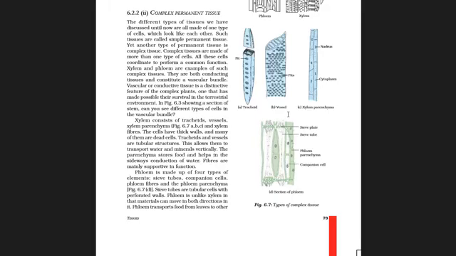As I told you, these are the two main complex tissues we are going to discuss, xylem and phloem. In your lower classes you must have already studied this, but now we are going to study it in detail.